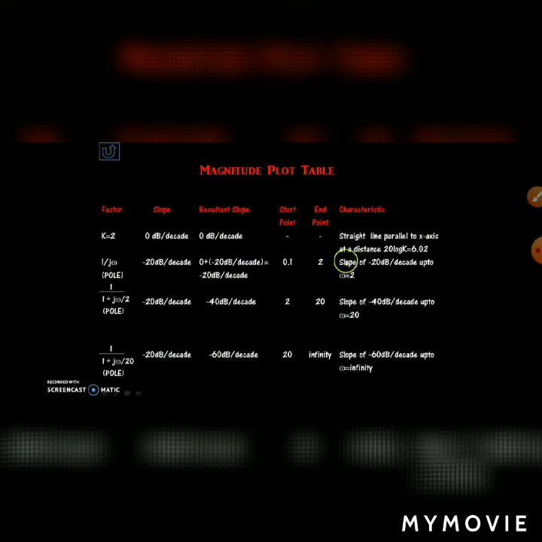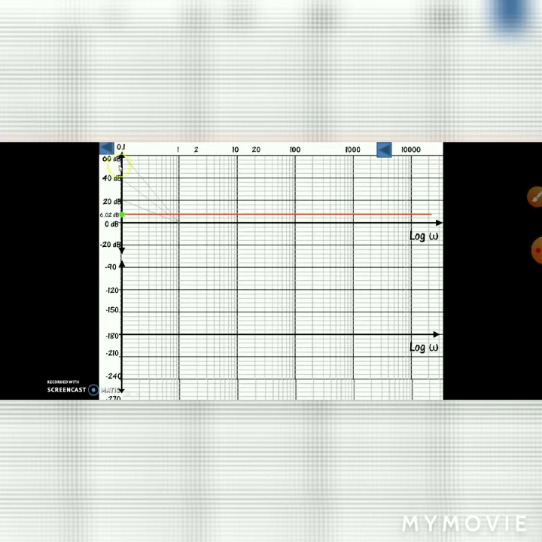So the initial point is 0.1 and the end point is 2. So keep the scale at minus 20, then draw a line. See how I am going to draw. I am just showing you. This is the 26 dB point.